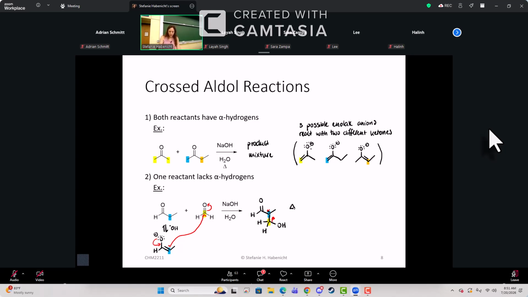And once heat is applied, dehydration occurs between these alpha and beta carbons that are labeled, giving an alpha beta unsaturated aldehyde product. This is the product of the aldol condensation. Again, there is one major product here in this crossed aldol reaction because one of our reactants is more electrophilic than the other, and it lacks alpha hydrogens, so it cannot form an enolate itself.